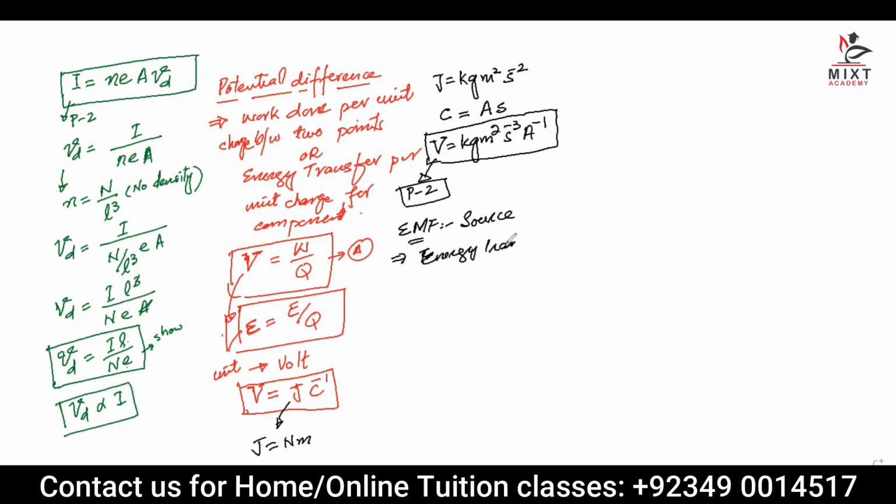In A2, the definition is different, remember that. In the AS definition, it is energy transfer per unit charge for the whole circuit.